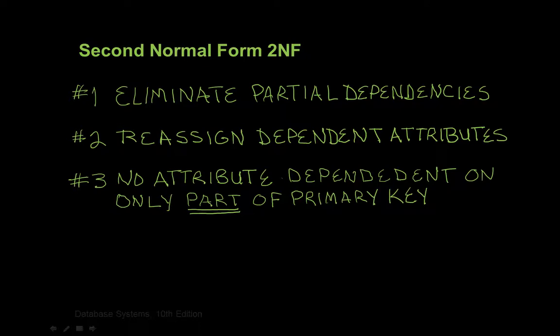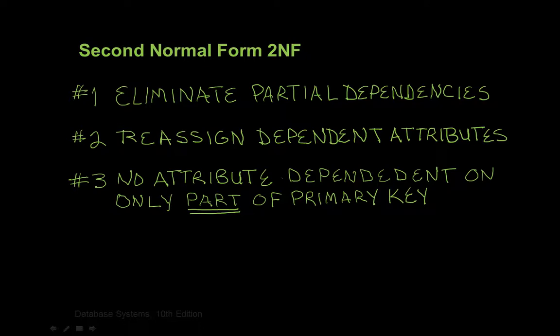Again, our major goal in the second normal form is to eliminate the partial dependencies. The transitive dependencies we'll handle in the third normal form.